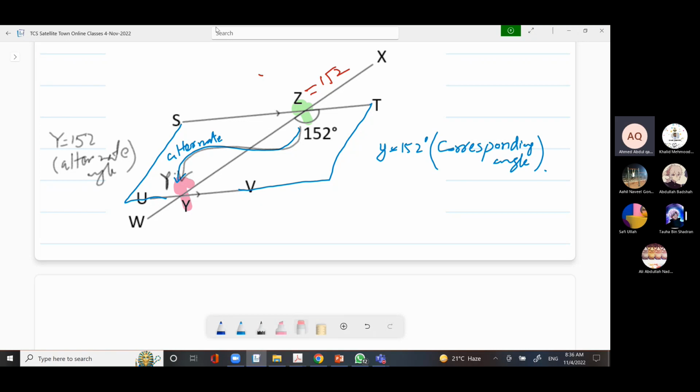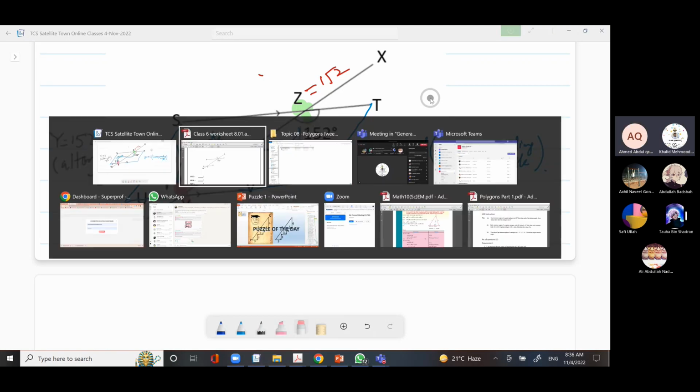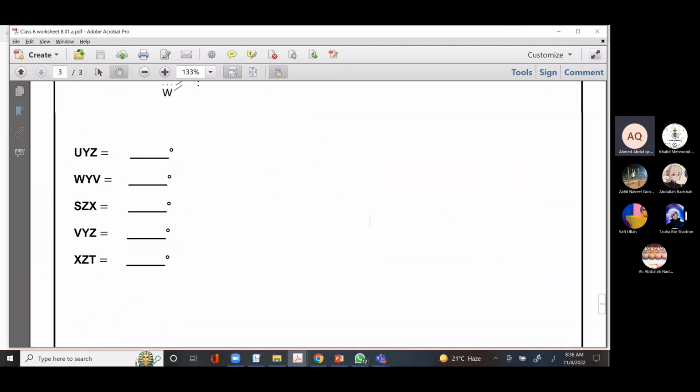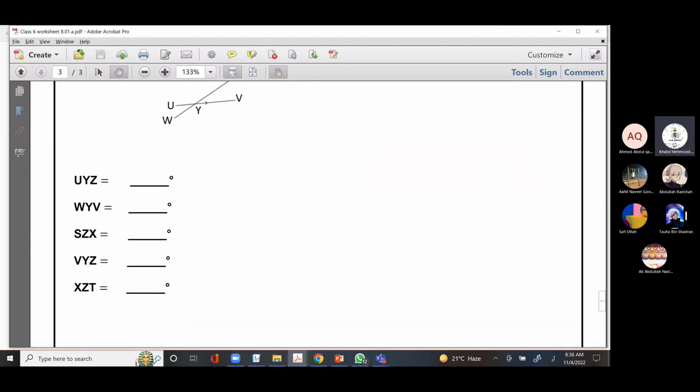Now coming to the next. Now there is a question of the worksheet. Next question of the worksheet. Now they are saying about some of the angles.